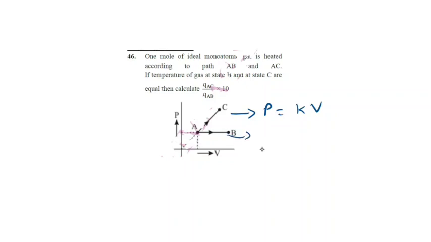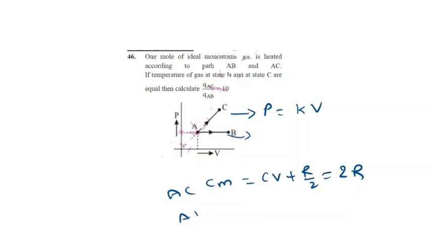And in the case of molar heat capacity, for the AC process, it is nothing but 2R, which is Cv plus R by 2, nothing but 2R molar heat capacity for process AC.